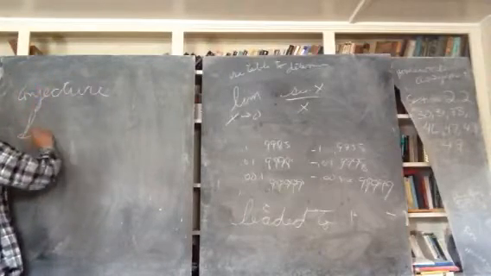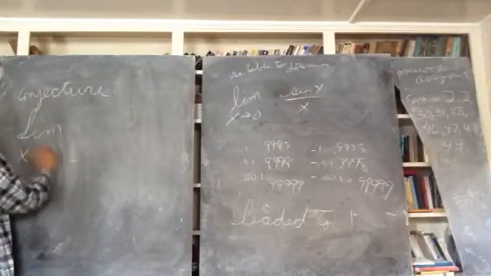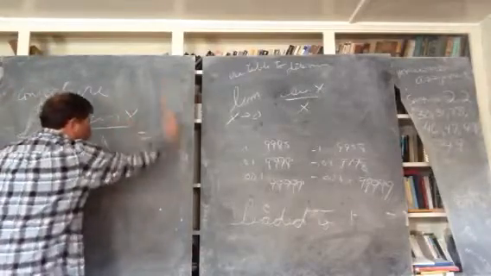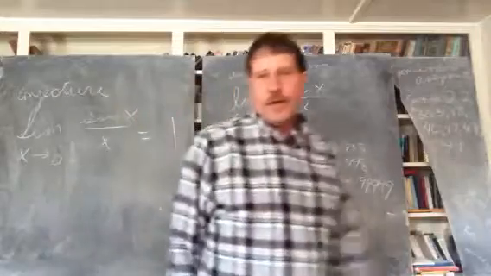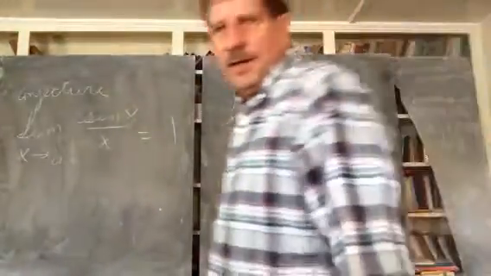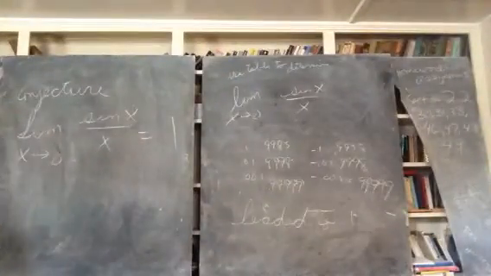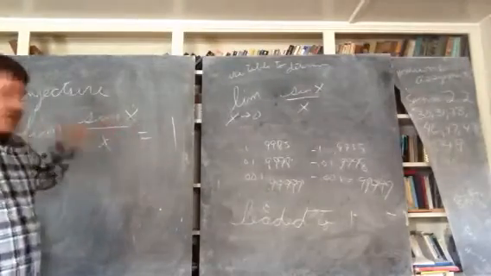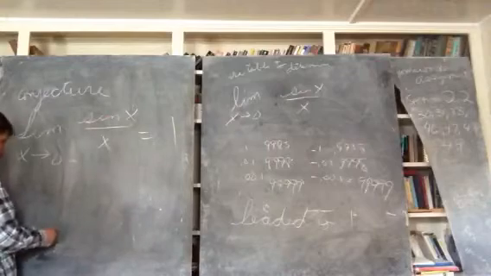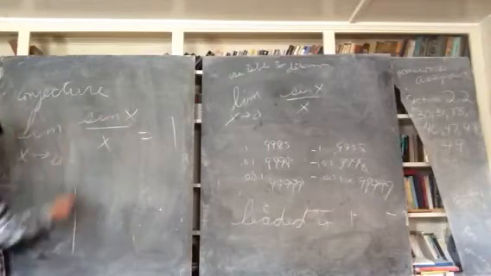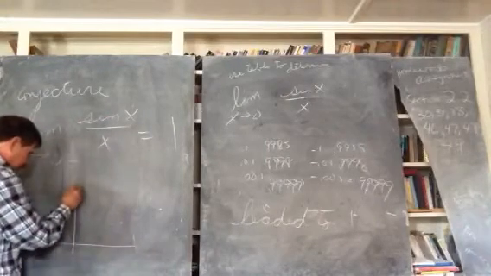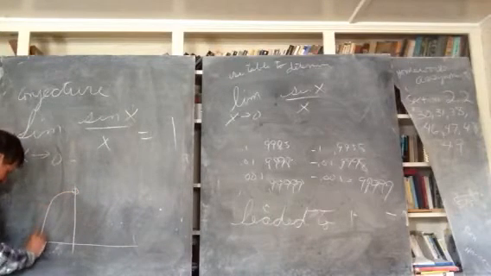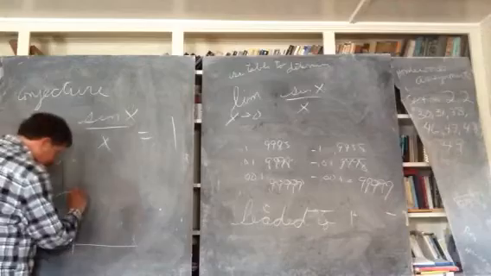the limit as x approaches 0 of sine x over x is 1. We conjecture that. And here's a picture of it. This is an interesting function. It kind of looks like the sine, only it oscillates a little bit.